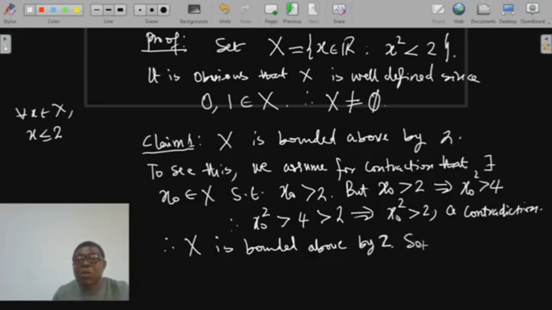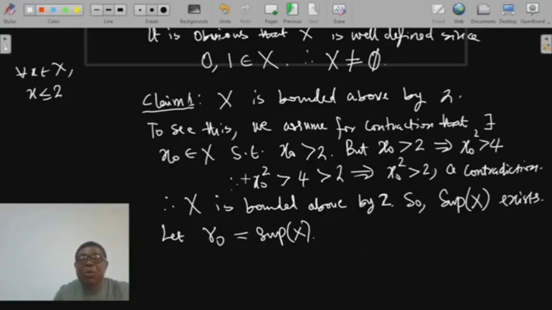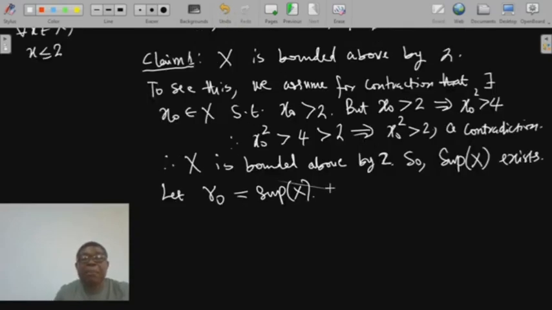Thus the supremum of X exists. If we let gamma naught be equal to the supremum of X, we have the following claim to make.